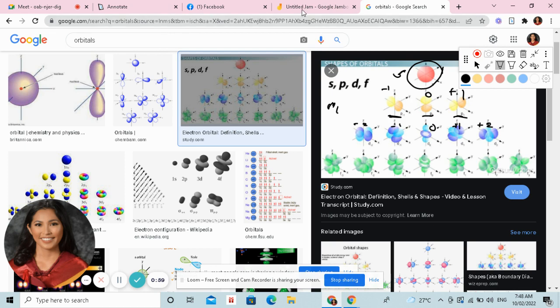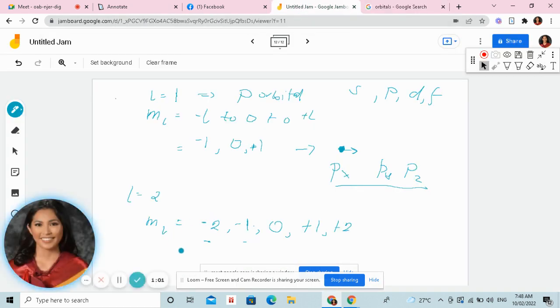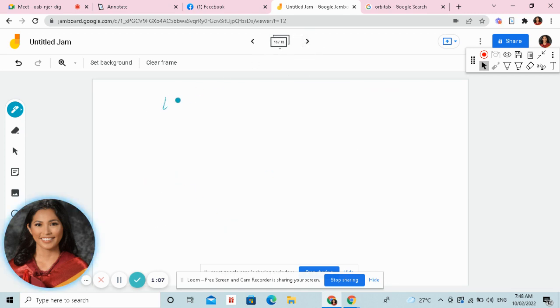When L is equal to 3, how many possible values for ml? Write down these possible values.